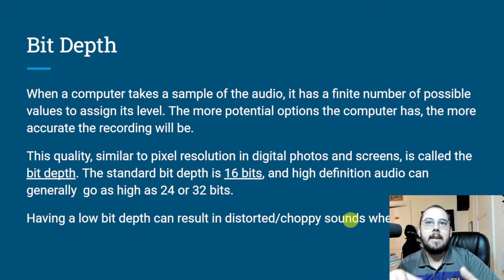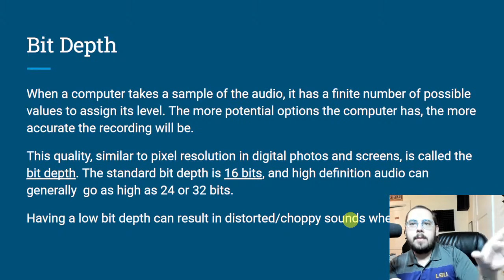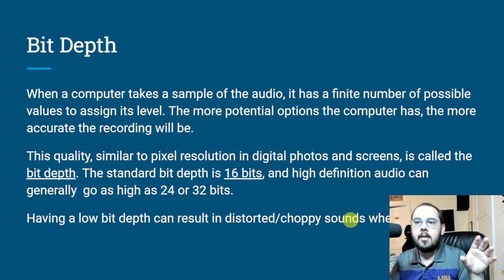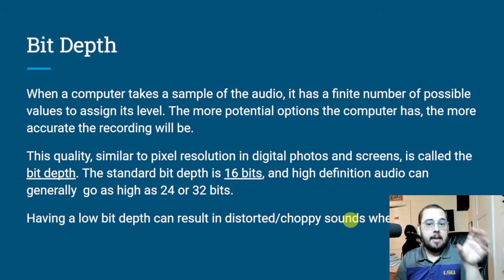This is called the bit depth, and it's similar in concept to the pixel resolution of an image. So if you have something in 144p versus 4K Ultra HD, because the 4K has more pixels to work with, it's a higher definition option than the 144 pixel thing there.